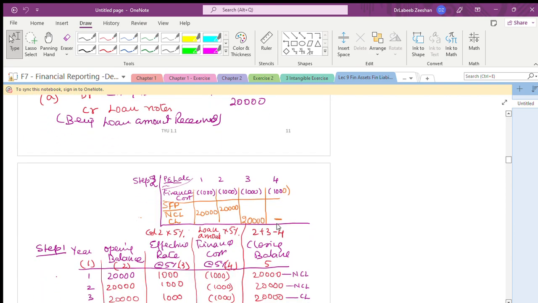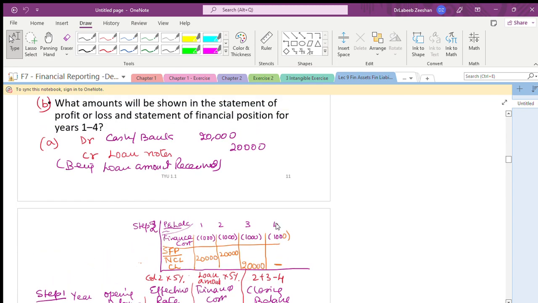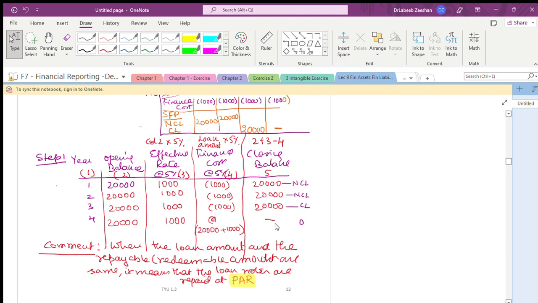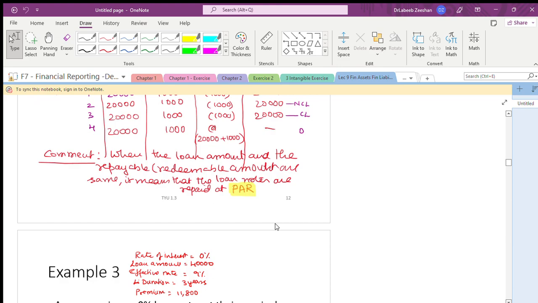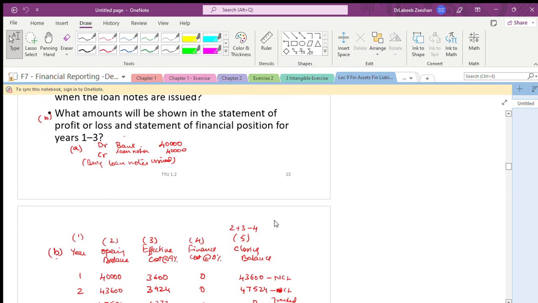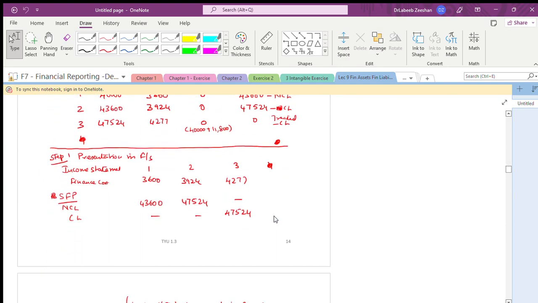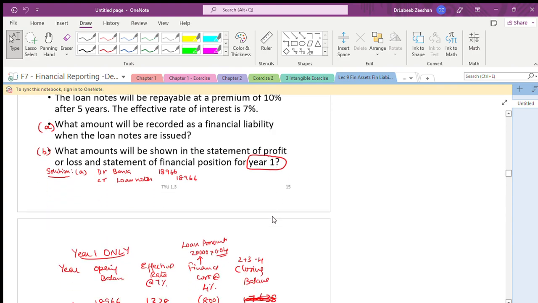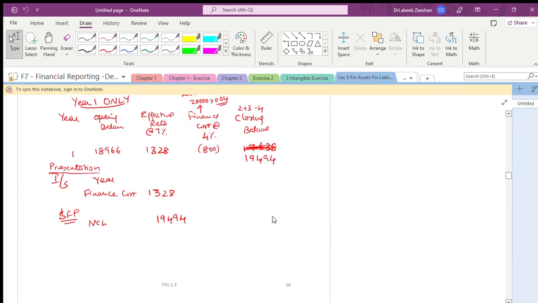Something with respect to the general entry. Step 1 is opening balance, effective rate of interest, closing balance. We have identified what is the non-current liability and what is the current liability. The advantage is if you just revise it quickly, we can have an idea of what we have done.